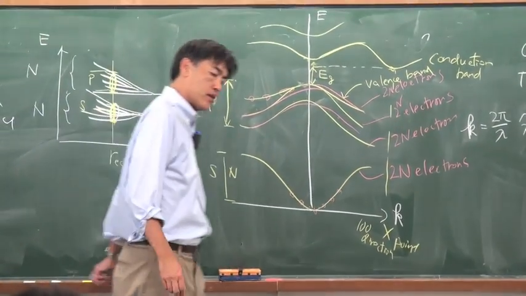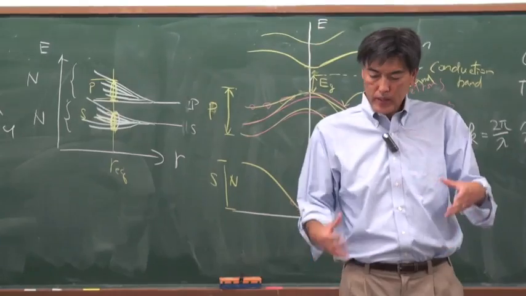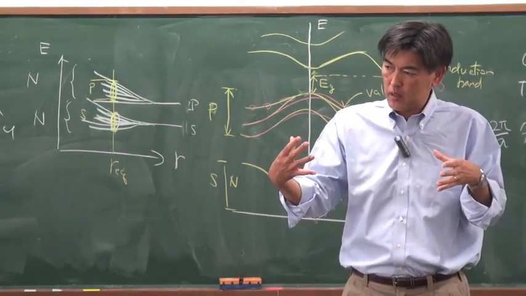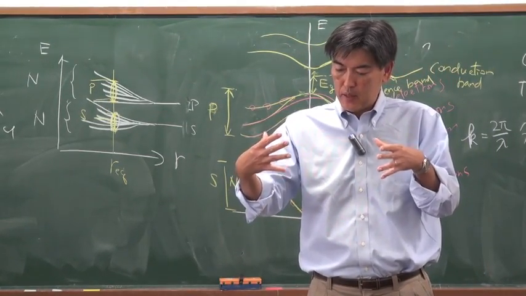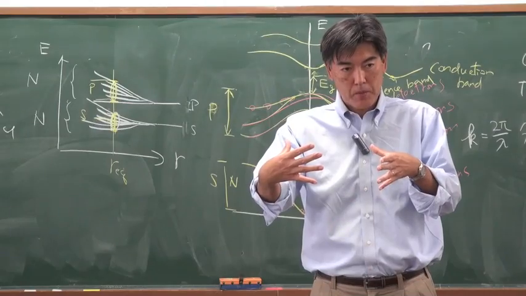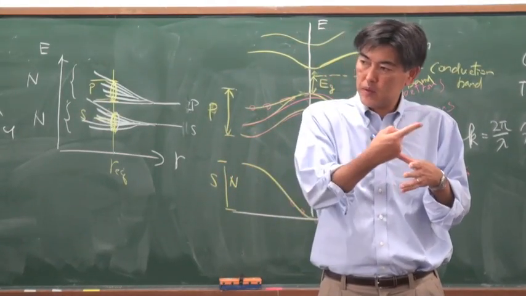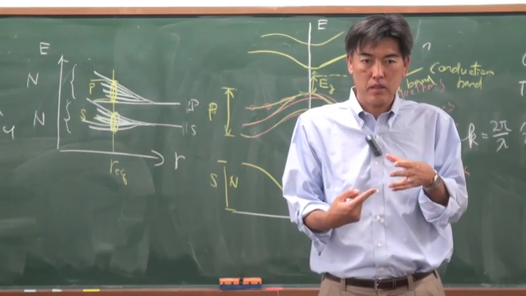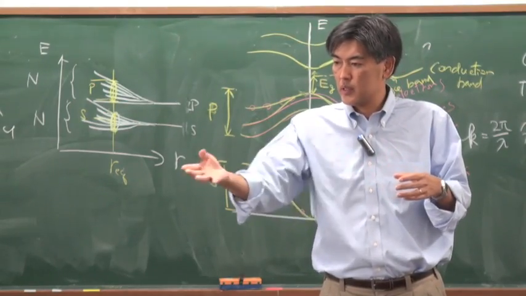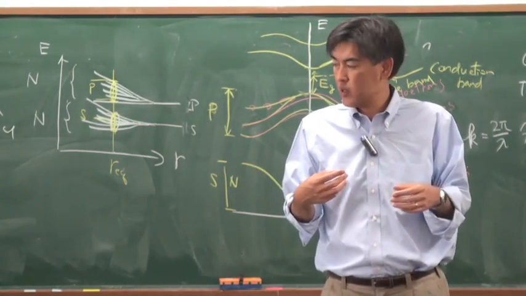So in fact, if I take a diamond lattice, then because it has cubic symmetry, I can define the 100 direction, 111 direction, 110 direction, and so on, which I guess you will be working on in your homework.